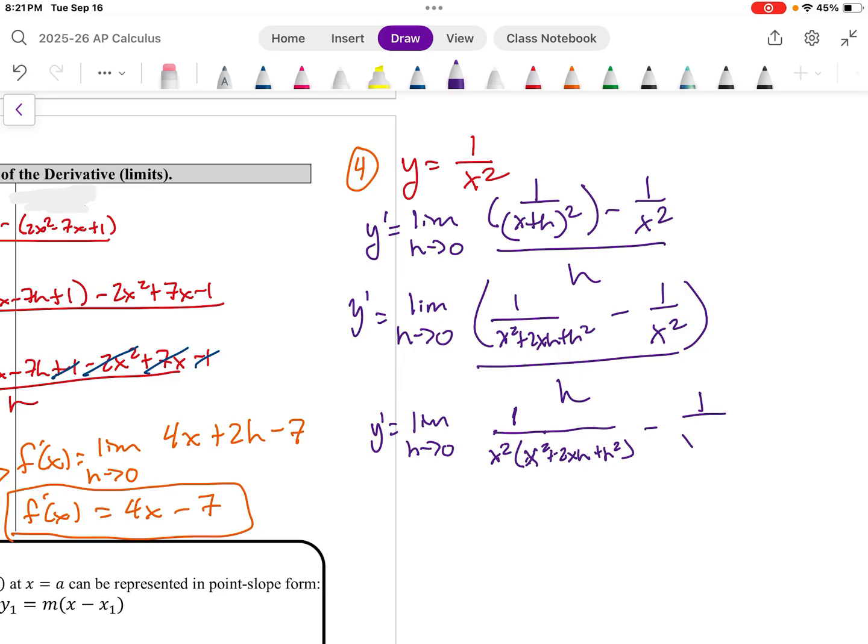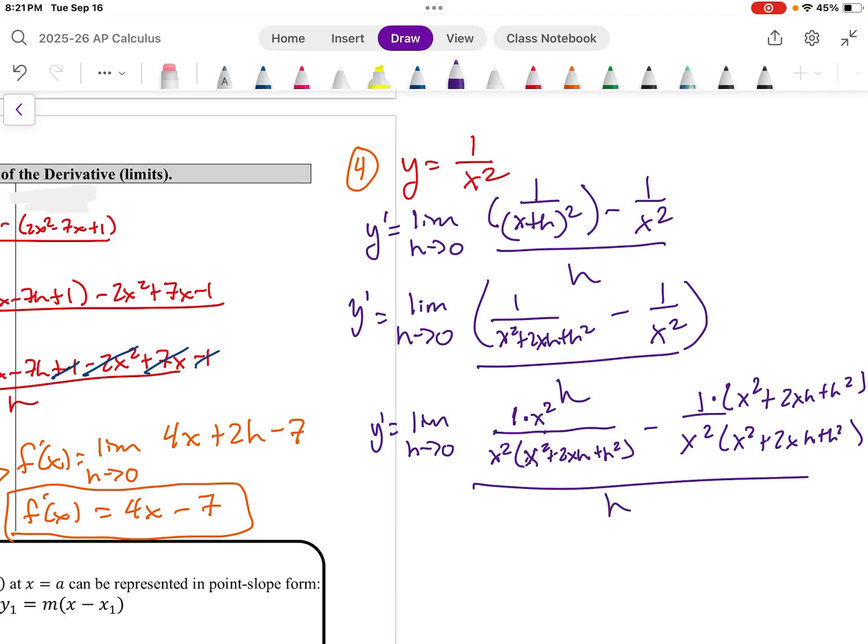What I forgot to do was multiply the top by x squared, because that's what I had to do. And then on the next fraction, I'm going to multiply the top by x squared and the bottom by x squared plus 2xh plus h squared. On the bottom, we now have common denominators. And that's all over h.